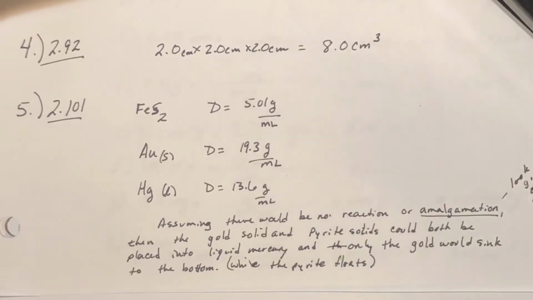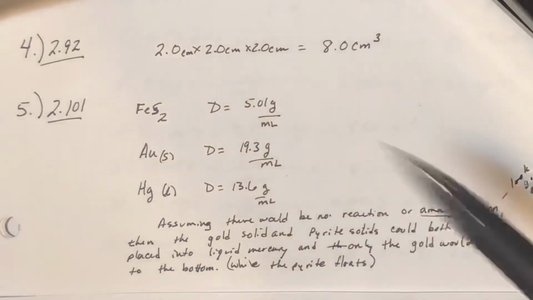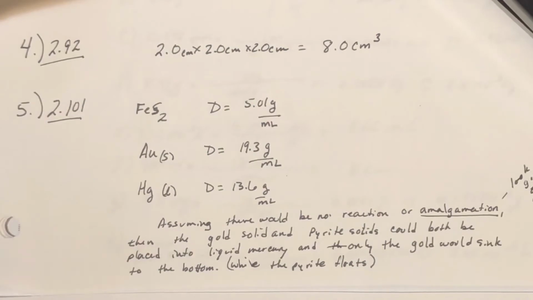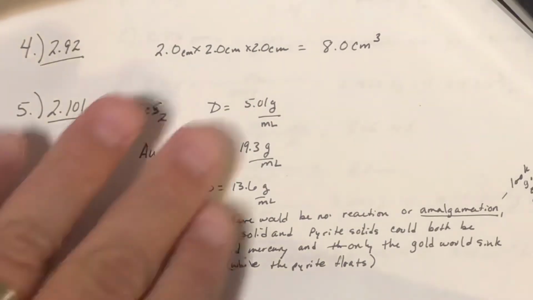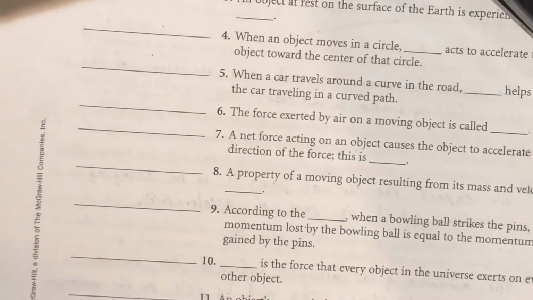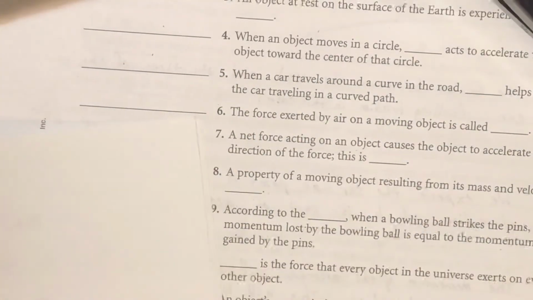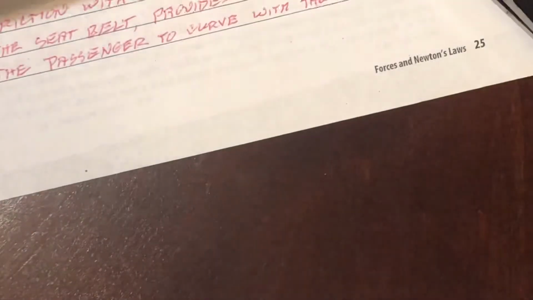If that happens, to get that gold back out, you would have to do something to it. So there's a lot of stuff going on. They still use mercury in other undeveloped countries where there's no EPA.